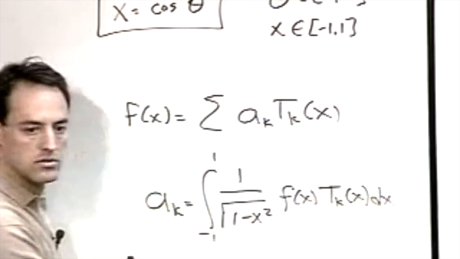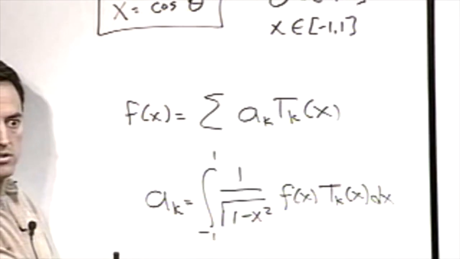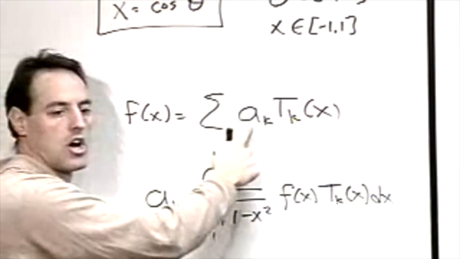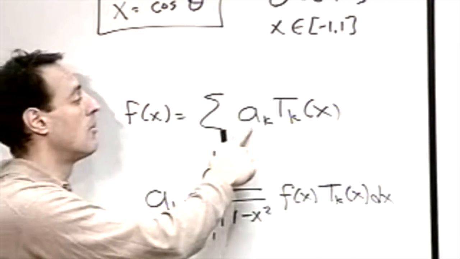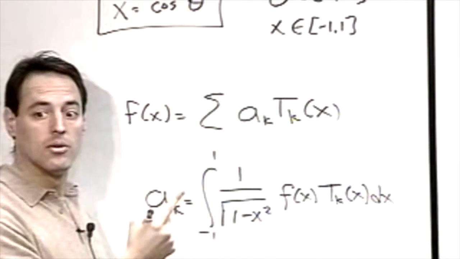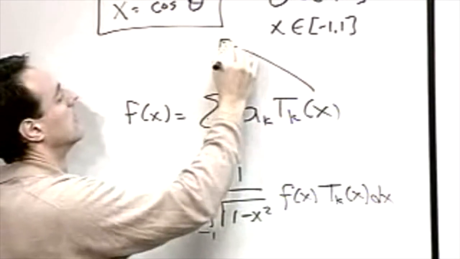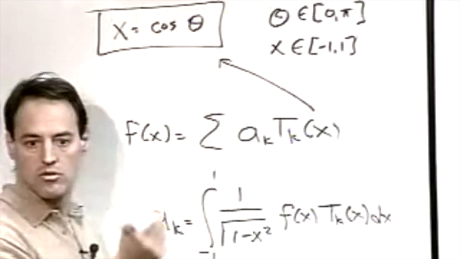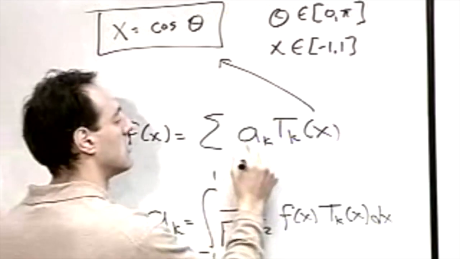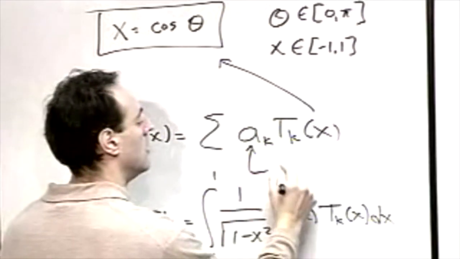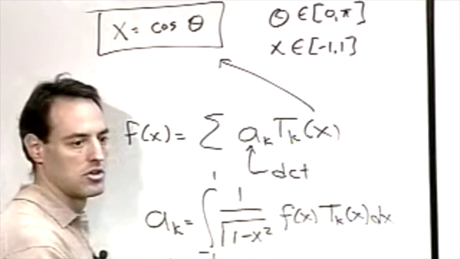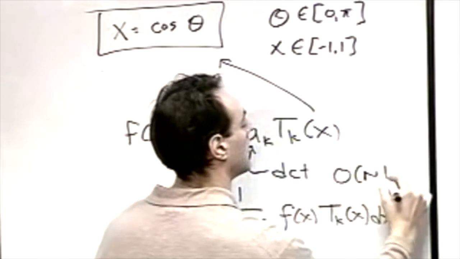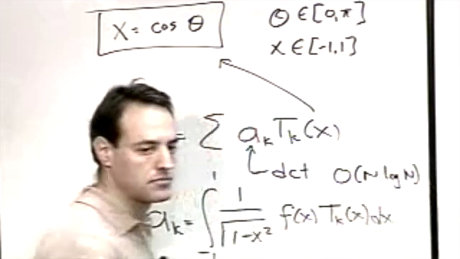Here's a theoretical representation of this, but this is what's costing you generically order n squared. But what we just did is, if you make this change of variable, you turned it into a problem where you could use a discrete cosine transform to get this. All of a sudden, you got yourself down to n log n.